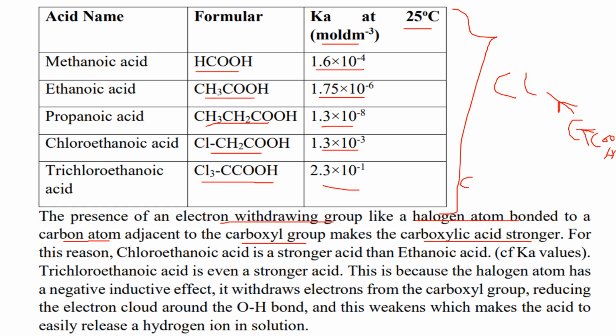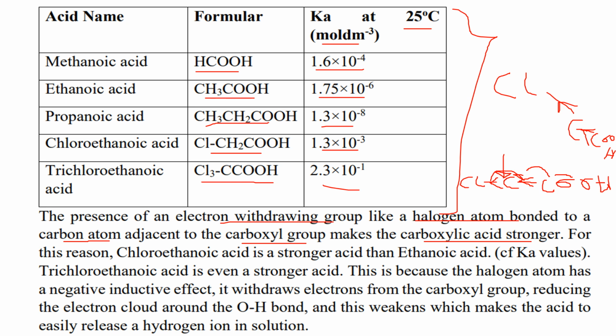So if you have chlorine attached to this carbon atom, for example in chloroethanoic acid, this chlorine atom withdraws electrons toward itself. This withdrawal is also directed to this bond, because the electrons of these carbon atoms are being taken away, so it also withdraws electrons from the next neighbors.